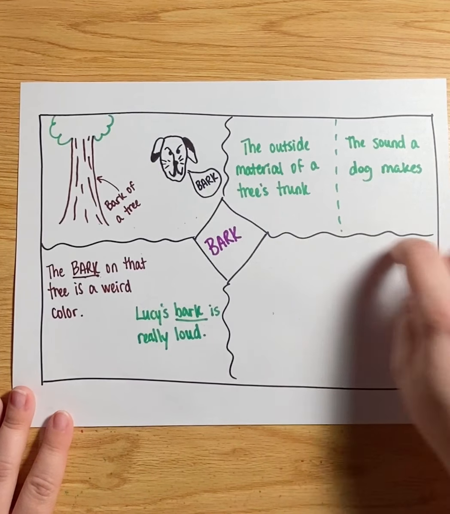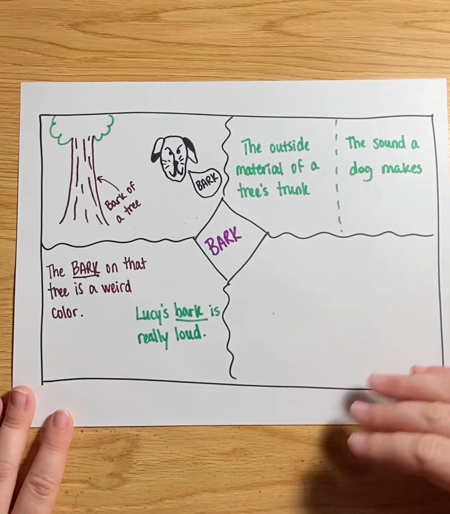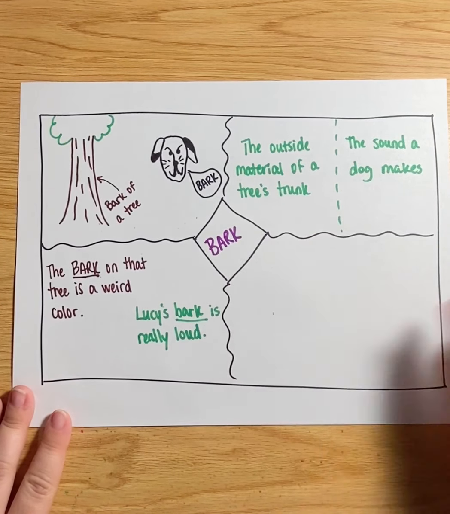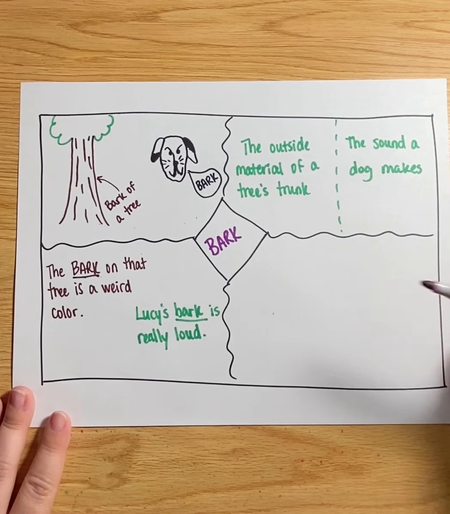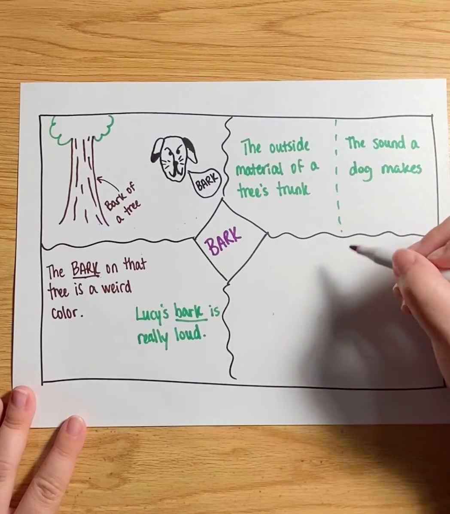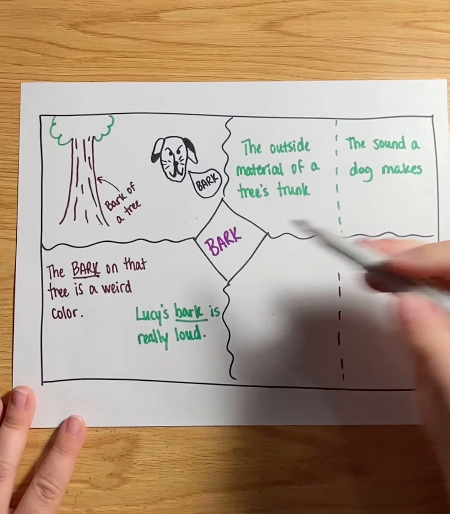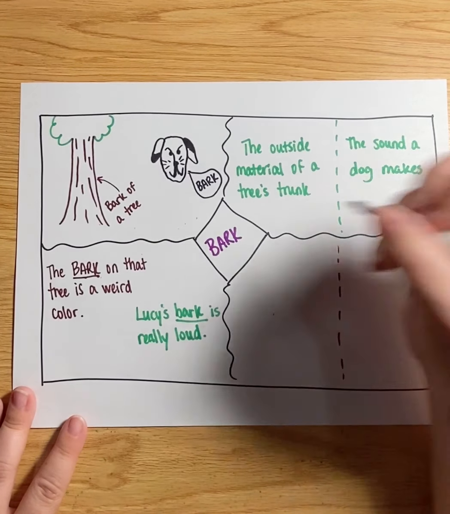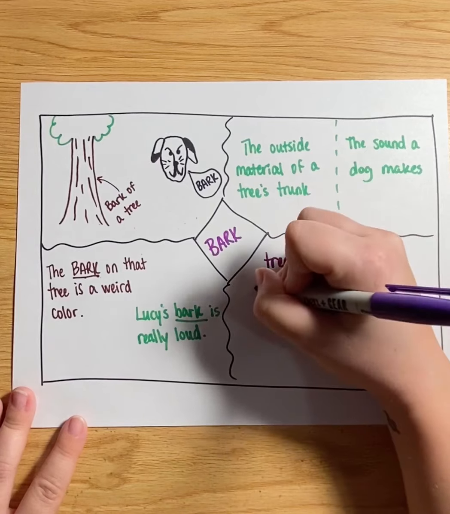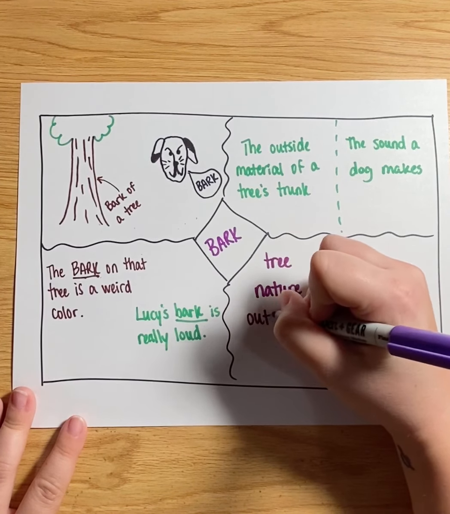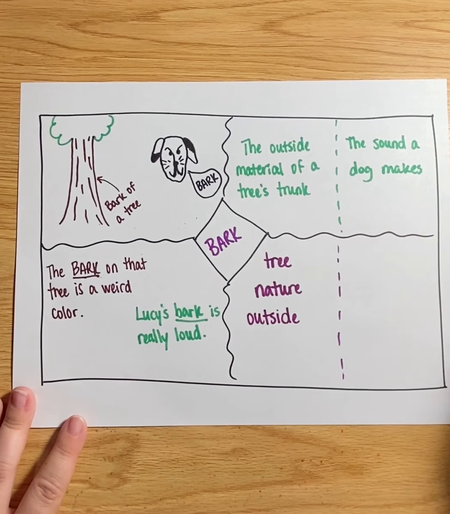Now, in this last square down here, I want you to write words that are related to this word. So this is really important for that domain-specific vocabulary that you're going to be practicing today. So some words that are related to tree bark, or bark as in like the outside of the tree, would be tree, nature, outside.